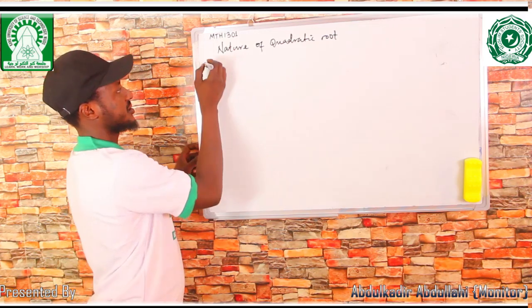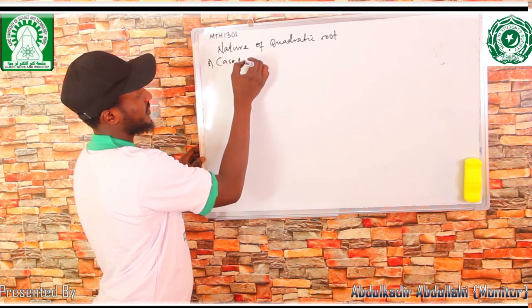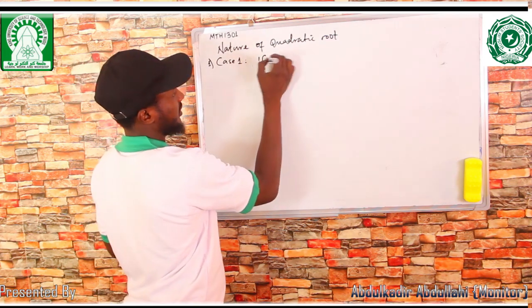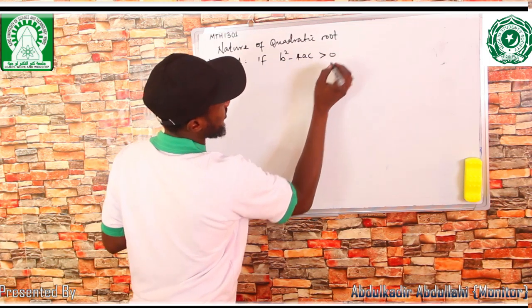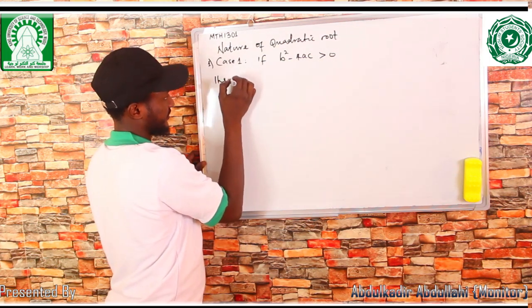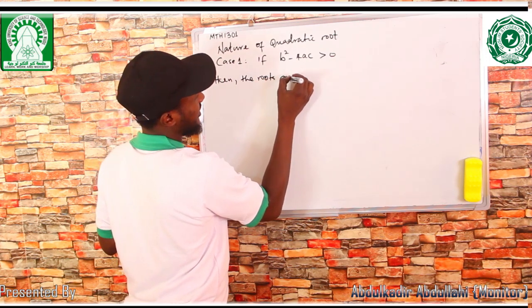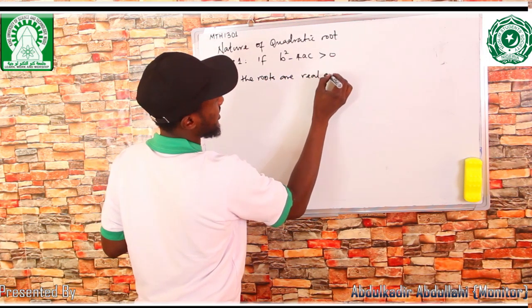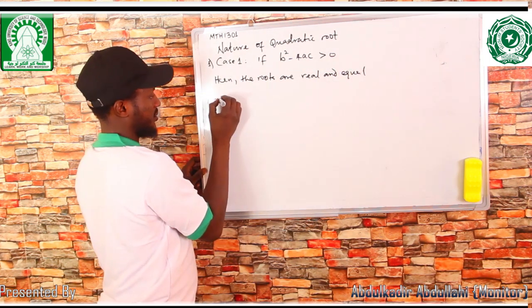There are some cases. The first case here is case 1. It says if b squared minus 4ac is greater than 0, then the roots are real and equal.